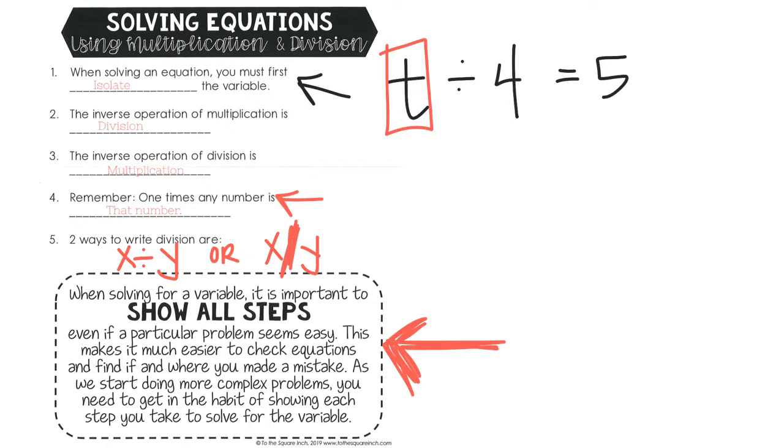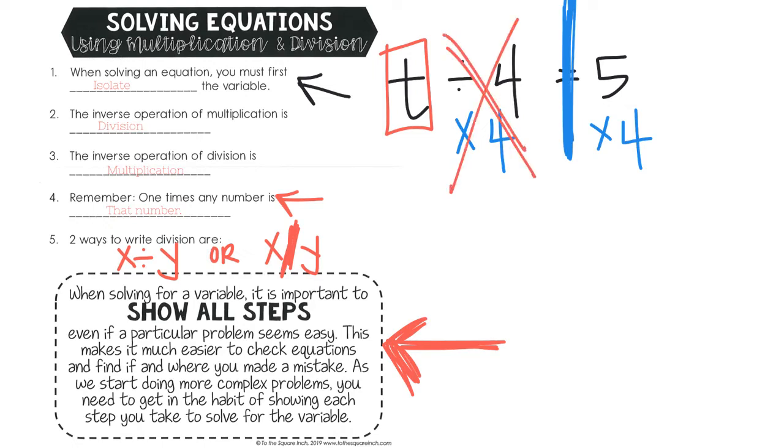So when we look at t divided by 4 equals 5, whatever I do on one side of the equal symbol, I have to do on the other. We just talked about in the notes that the opposite operation of division is multiplication. So I'm going to multiply by 4 on the left, and I'm going to multiply by 4 on the right of the equal symbol. When I have division and multiplication, just like yesterday, that cancels each other out.